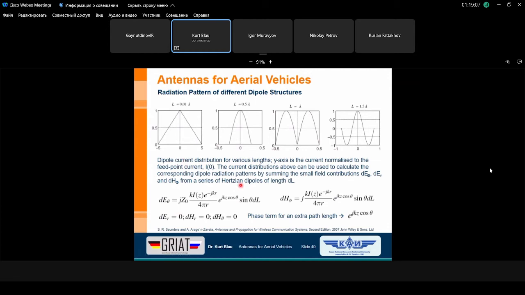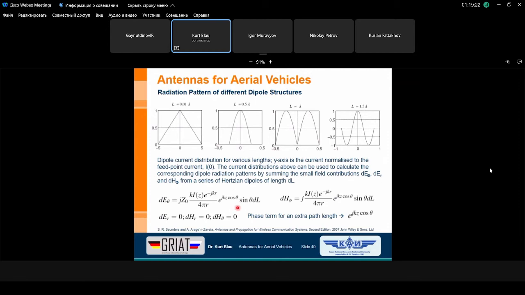And so we can say the E-field component in theta direction, we know this formula already. It's given in this way.